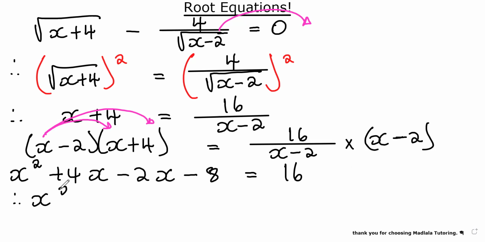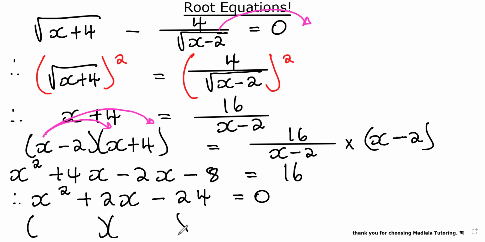Then it's time for you to write this in standard form. 4 minus 2, that is 2. And then you have negative 8 minus 16. But it's the same as negative 8 minus 16, which is negative 24. And this is equal to 0. You have a quadratic equation. You need to factorize it.